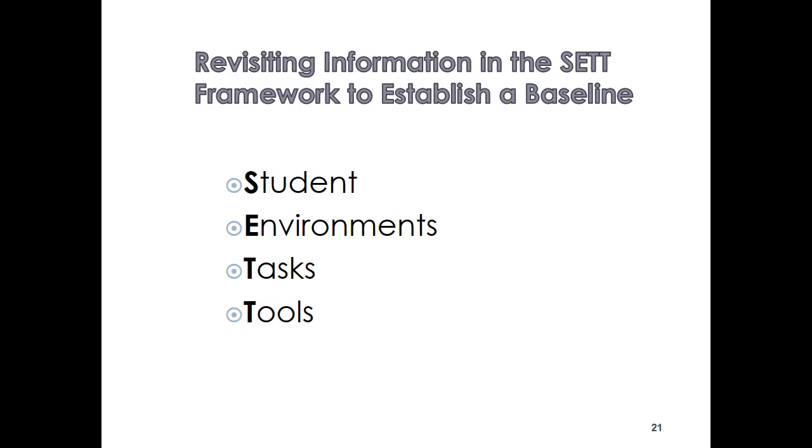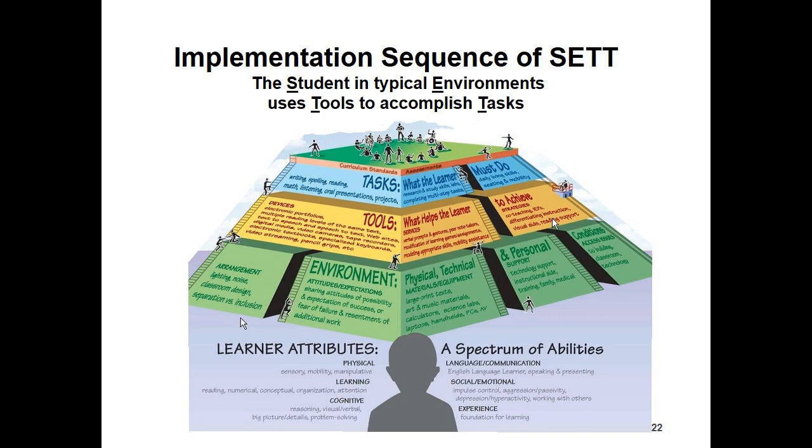Okay, so again, student, environment, tasks, and tools are the four components of looking at how we can properly implement assistive technology for all students. Here is the implementation sequence when we look at the SETT framework, where the student is in a typical environment and uses those tools to accomplish the task.